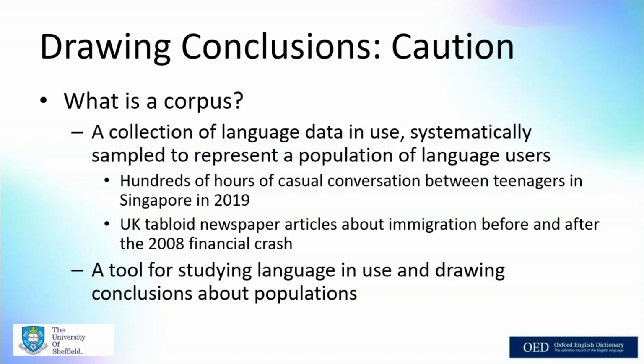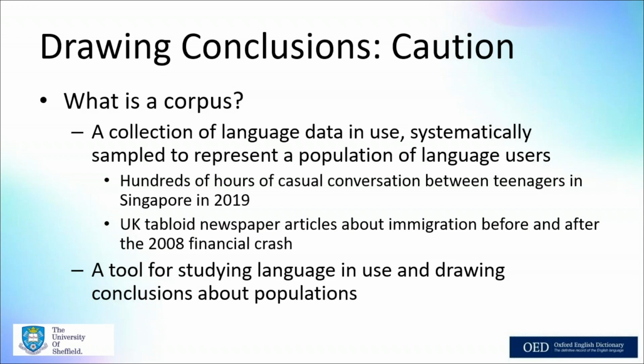This relates to the notion of what a corpus is. So there are broader and narrower definitions of a corpus, but my preferred definition is that a corpus is a collection of language data in use, and that it's systematically sampled to represent a population of language users. So there are lots of different examples of what something like that might look like. It could be hundreds of hours of casual conversation between teenagers in Singapore in 2019.